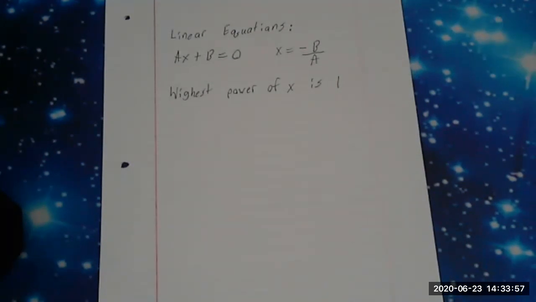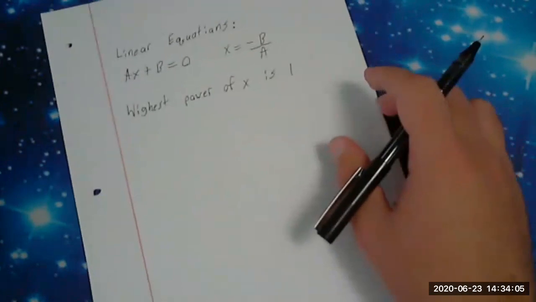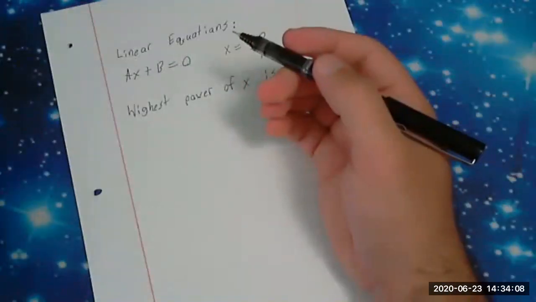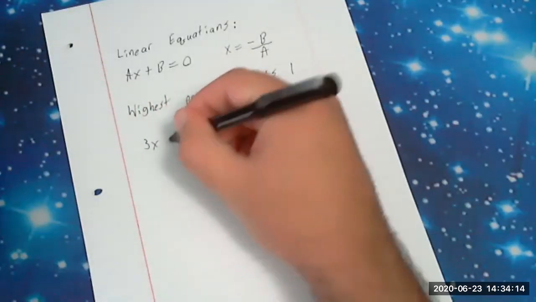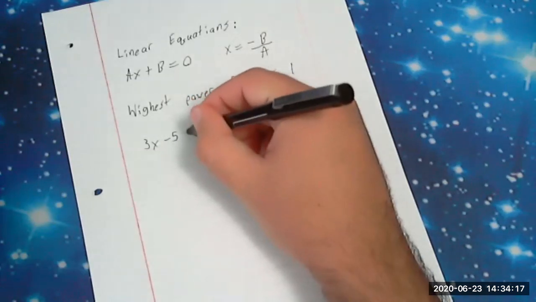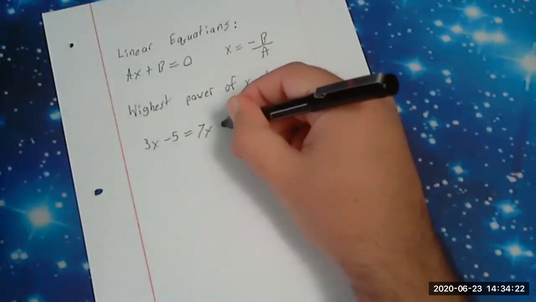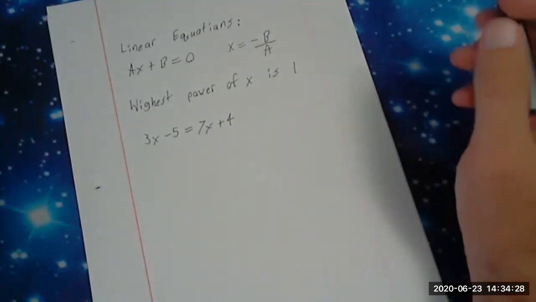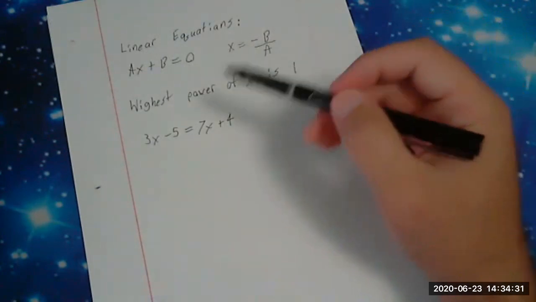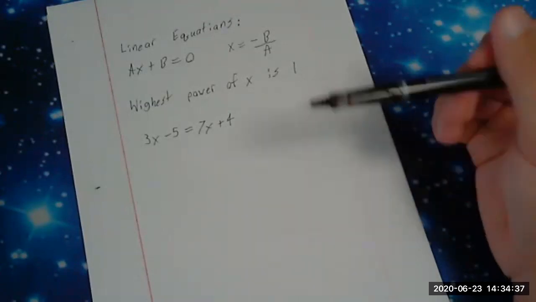And you might see something that looks like, let's say, we can move some stuff around. So we could have 3x minus 5 equals 7x plus, I don't know, 4. All we have to do, and this is something that's going to come up a lot, is this idea of forms.